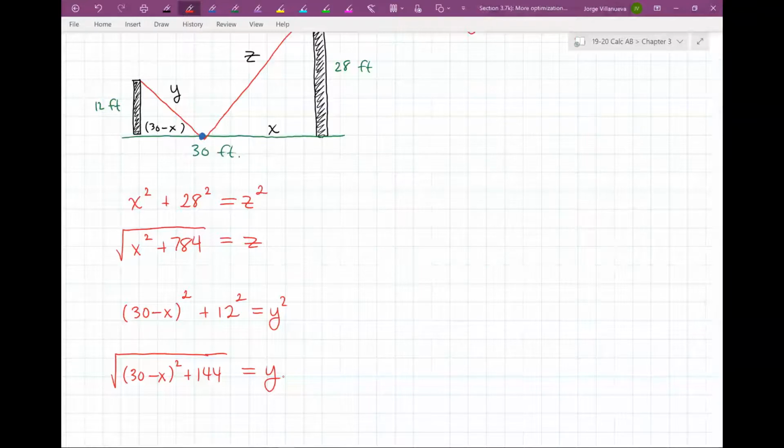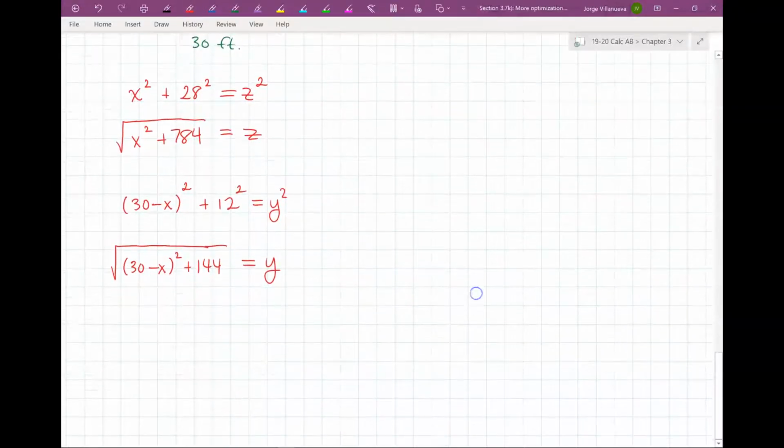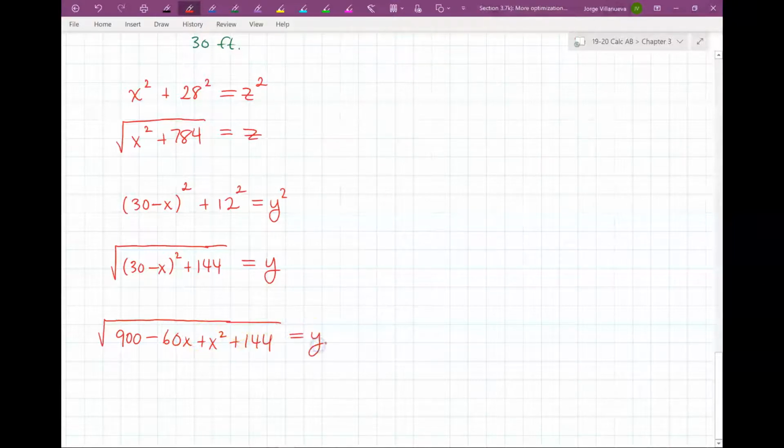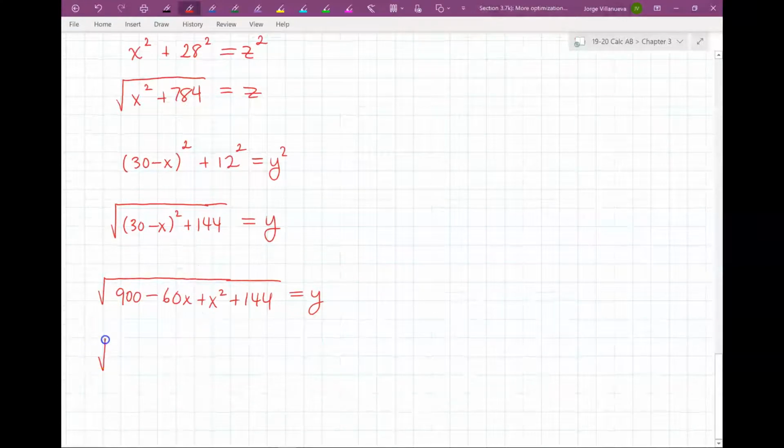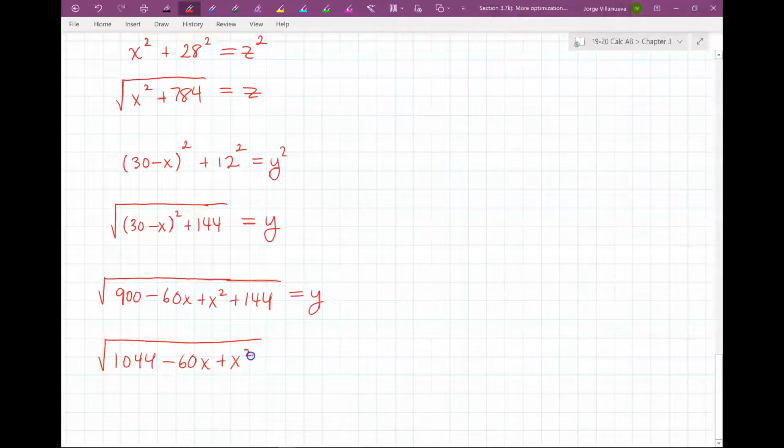Now, I will simplify that. Okay, let's simplify that a little bit. I'm going to expand 30 minus x squared, that's 900, minus 60x plus x squared plus 144 is equal to y. So 1044 minus 60x plus x squared is equal to y.